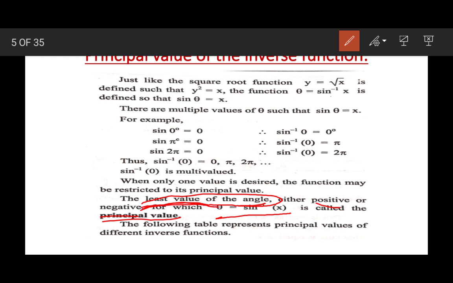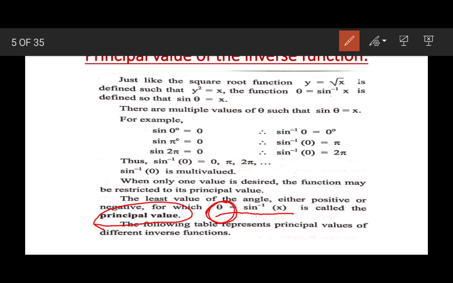So the least value of the angle, either positive or negative, for which theta is equal to sine inverse x. Okay, so for theta equal to sine inverse x, the minimum value of theta is called the principal value. Principal value concept clear?